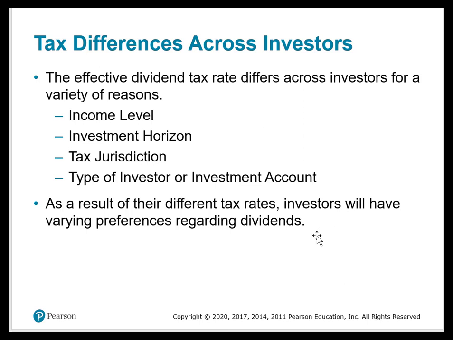So different investors have different preferences regarding dividends. And I kind of like to think of it not just as preferences regarding dividends, but let's say you had two companies, both of them paid 10%.